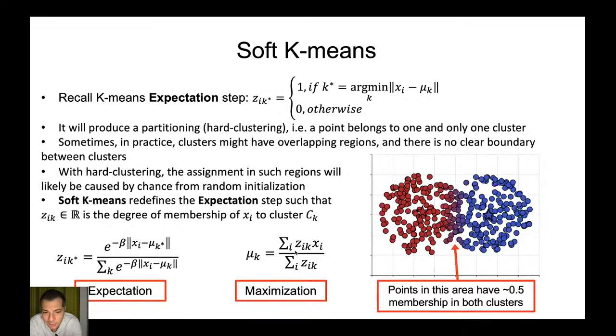But if z of i and k is this function, then it will result in computing the average, but also taking into account the membership value assigned to the example. So an example that is closer to the centroid will have a higher weight, and an example that is farther away from the centroid will have a smaller weight.